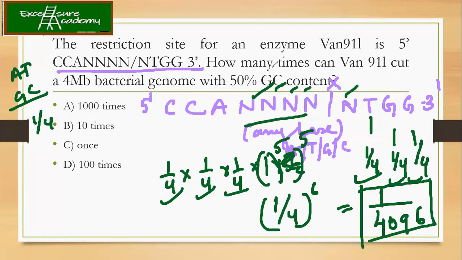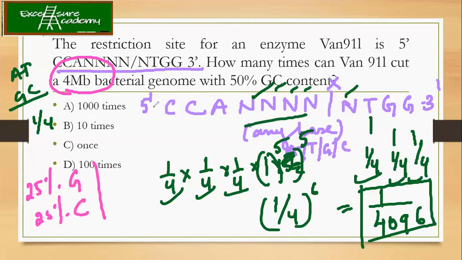Now it is also given that you have got the 4096, and it is given it has got the 4 MB bacterial genome with 50% GC content. So when it is given that 50% GC content, it means what? 25% G, 25% C. So with this, we know that 50% is going to be your AT content.